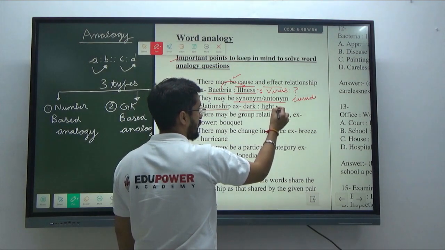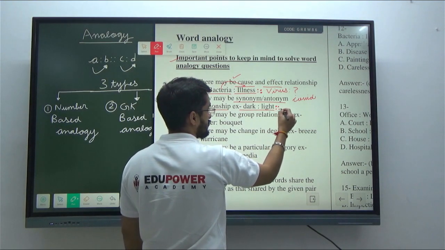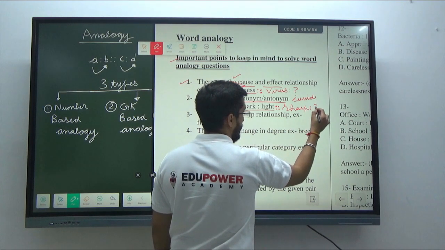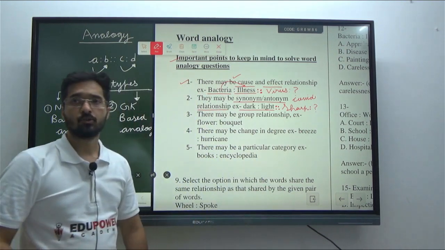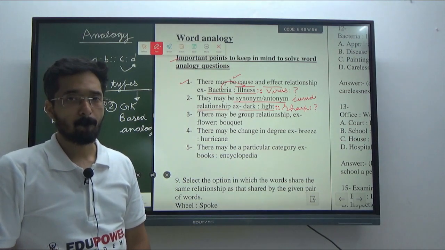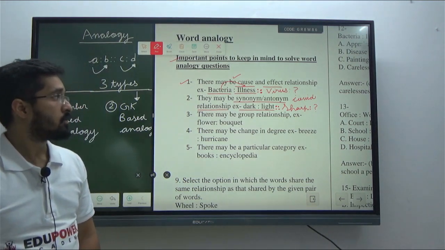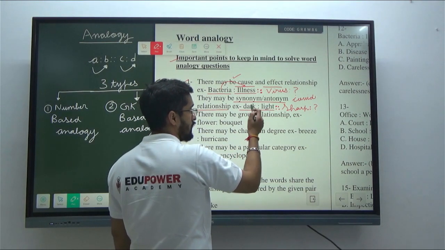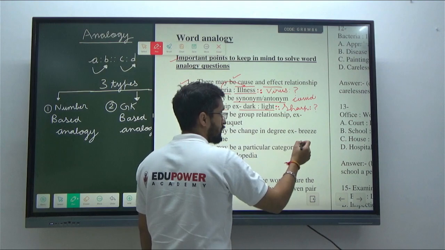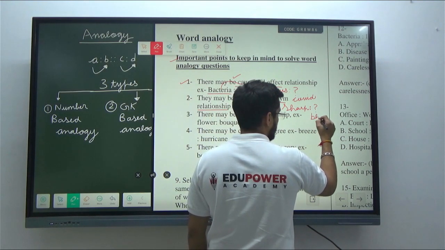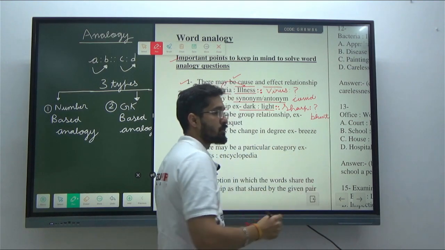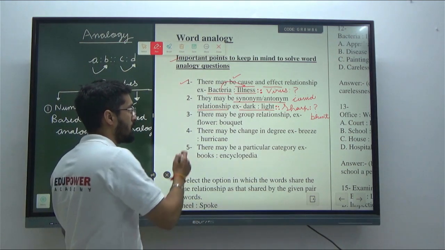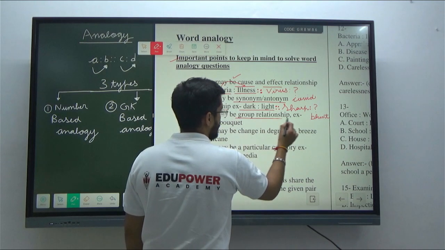So what is sharp is to? Tell me. So they are opposites of each other. Dark is opposite of light, sharp is opposite of blunt, right? So the answer is blunt.